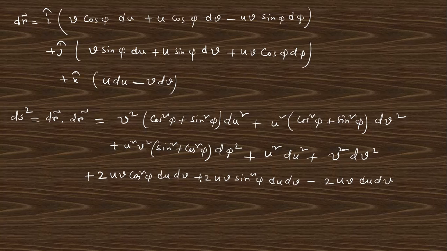These two terms, take cos square plus sin square is 1, so these two terms cancel out. And from here if we multiply that to that and that to that, this also cancels out. So all terms will cancel out, and only this term is present.